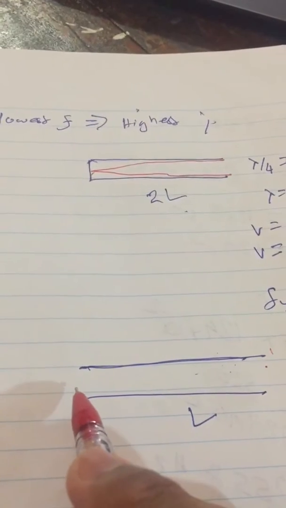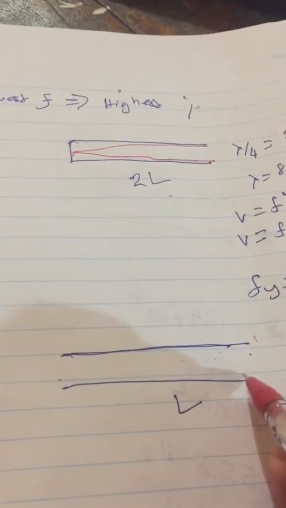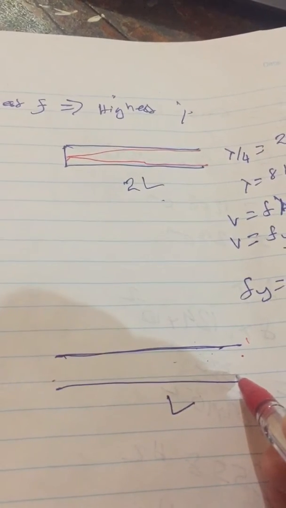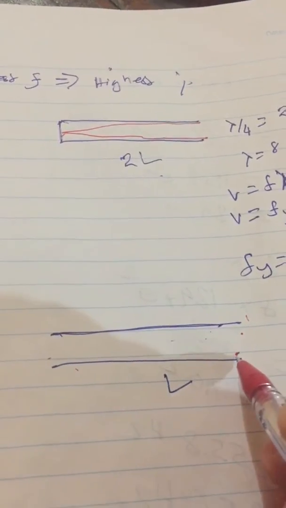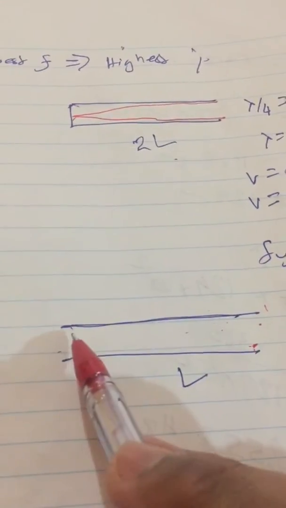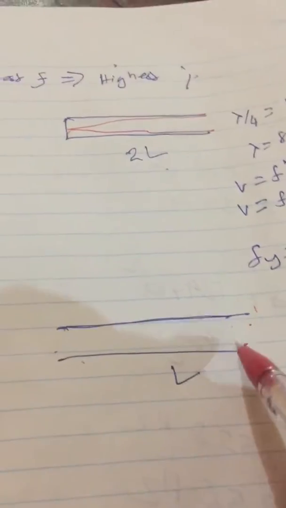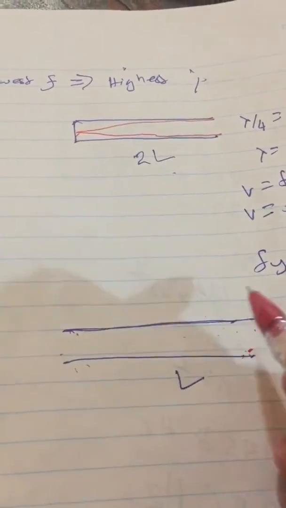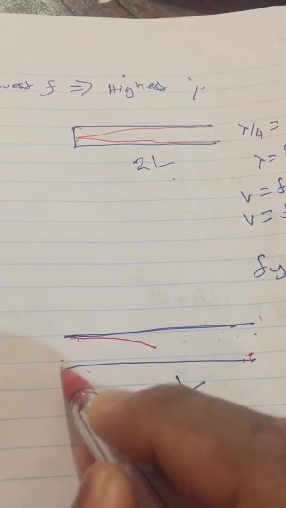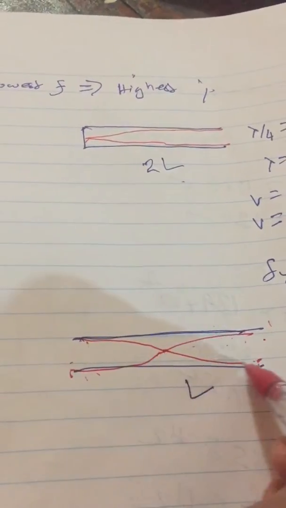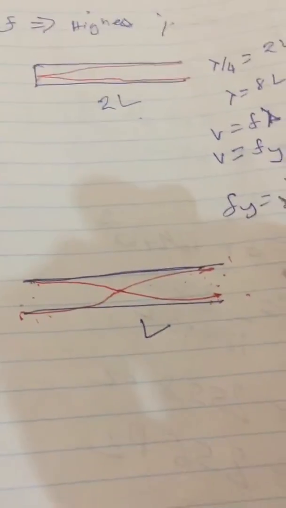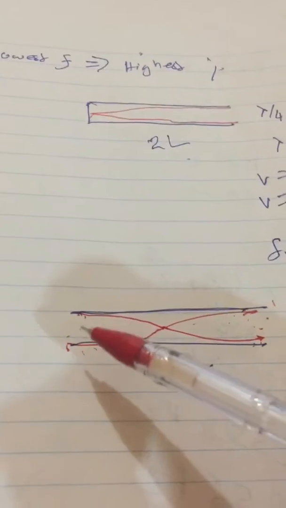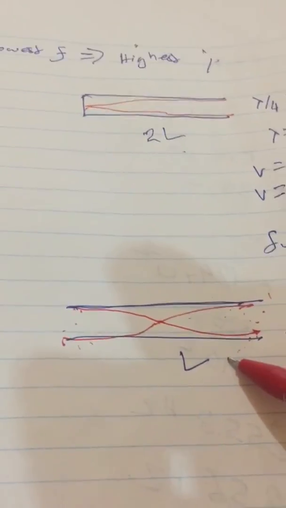So if at both ends there should be an antinode and the wavelength large means only a very small section is contained here, then the first possible pattern in which there can be two antinodes at both the ends is like this, right? This is the first possible pattern in which there can be an antinode at both the ends, and I'm taking the first possible pattern because that means the wavelength is the largest.